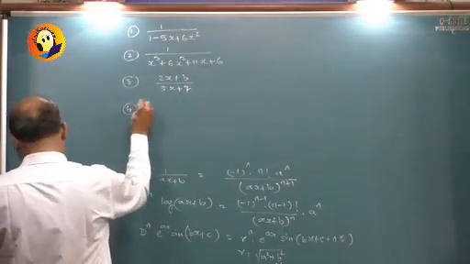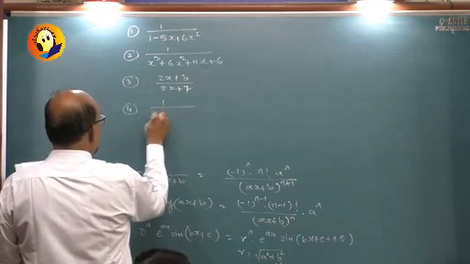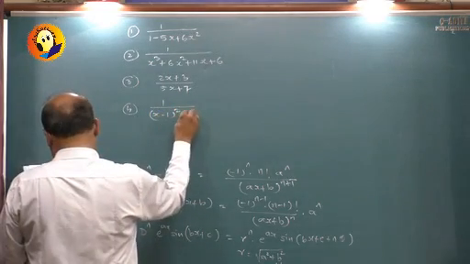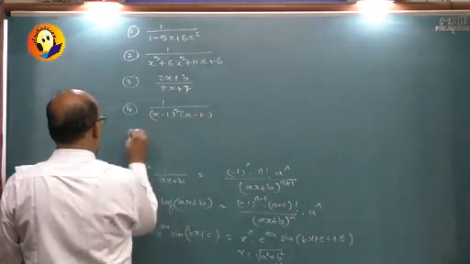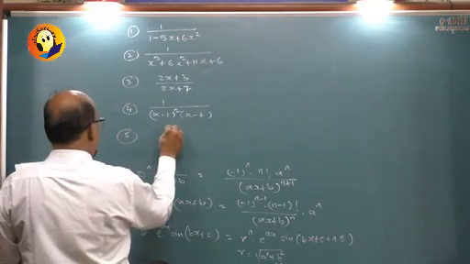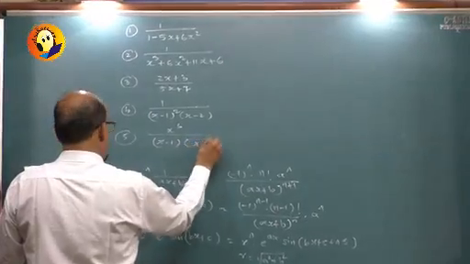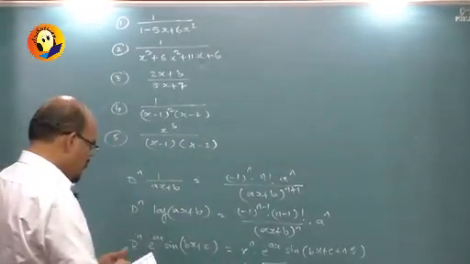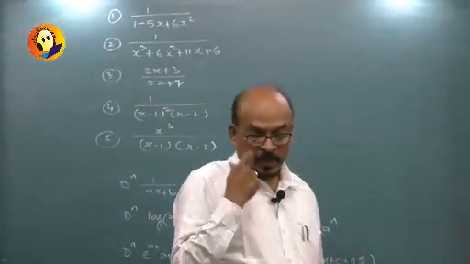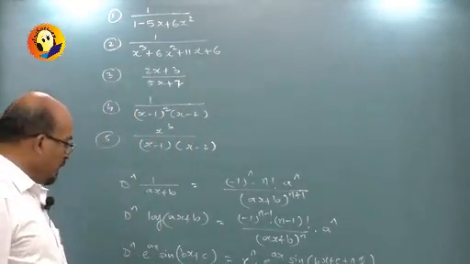Fourth, 1 upon (x minus 1) square into (x minus 2). Fifth, x cube upon (x minus 1) into (x minus 2). That is one set. Just make a note.